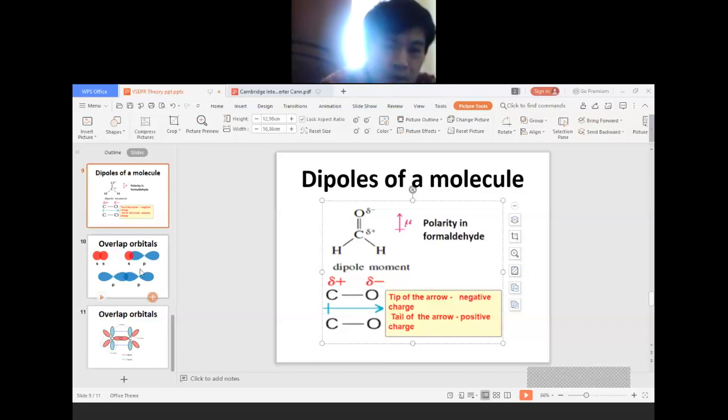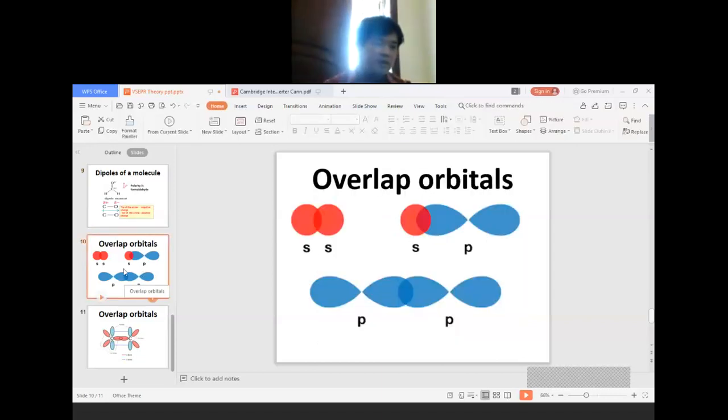Okay, and then there is this one, overlap orbitals. The overlap orbitals in our textbook are explained on page 66.